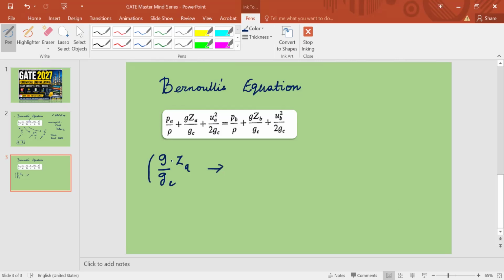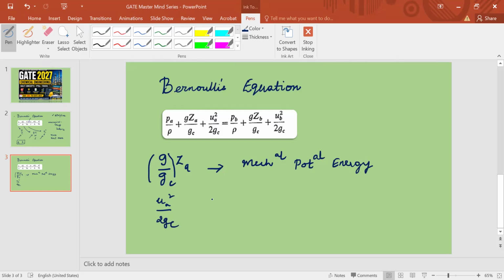This is g by gc of ZA, so this is known as mechanical potential energy. Then you have UA square by 2gc.